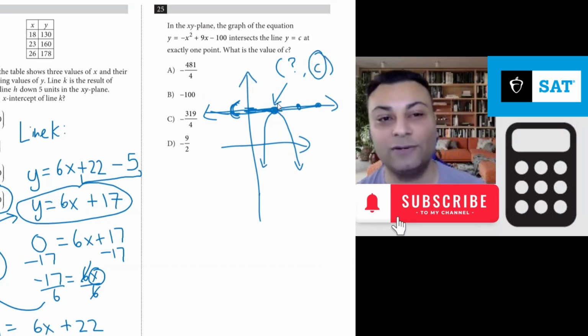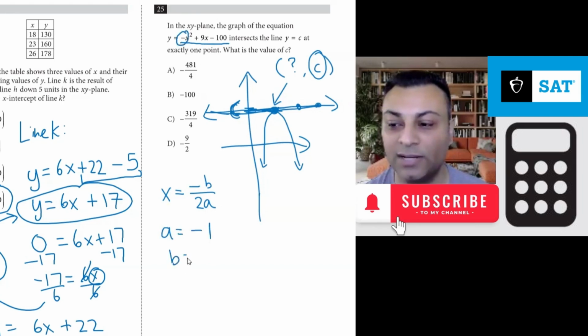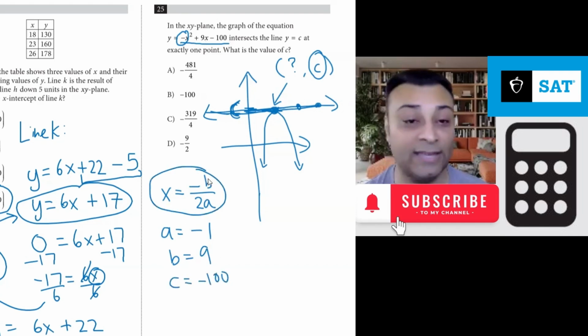So let's go find the vertex of this particular parabola. If you recall, the way you find the vertex is x equals negative b over 2a. And that's the x coordinate of the vertex. In this particular case, if you look at this equation, the a is -1 right there next to the x squared. The b is positive 9, and the c is -100. We don't use that in this formula. We just need the a and the b.